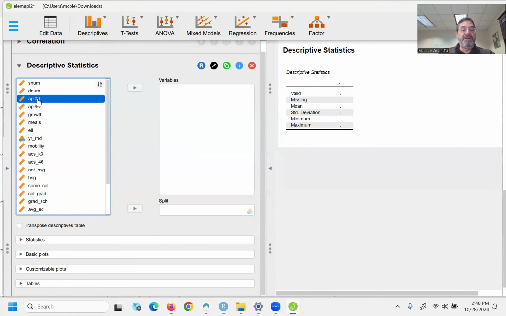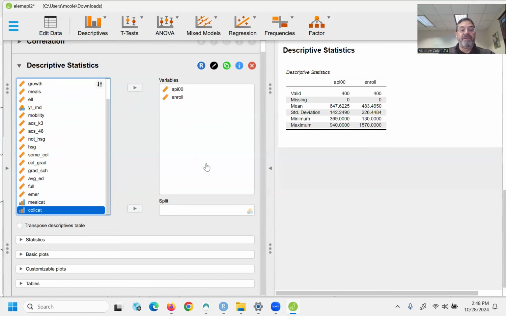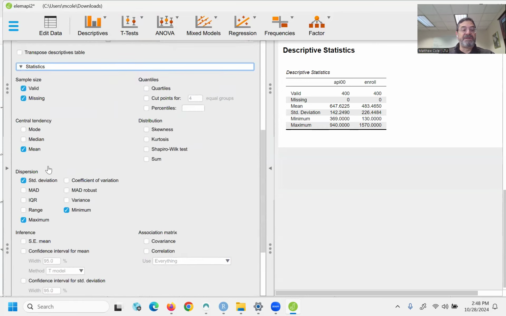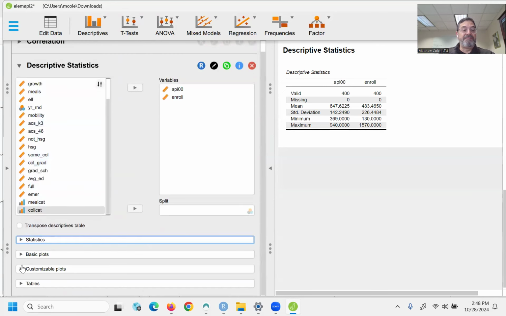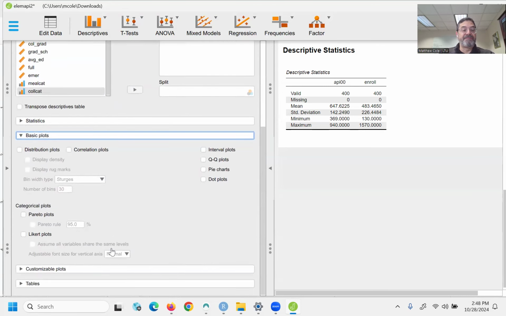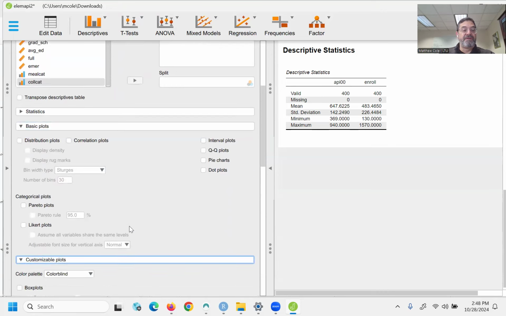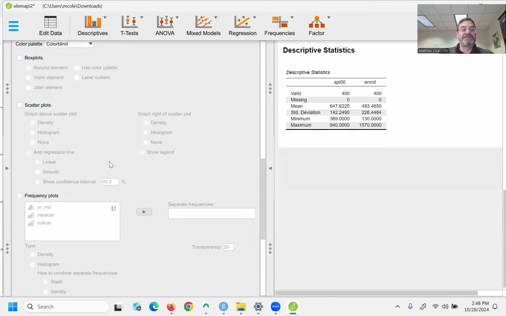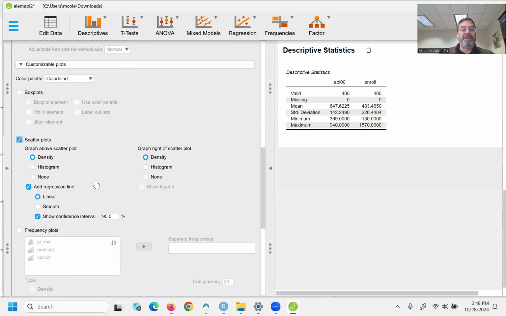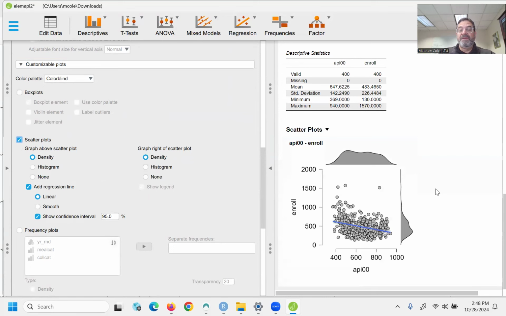We can bring in API and enroll, and then under plots, under customizable plots, we can ask for the scatter plot. And this is basically what we saw before. It doesn't show us what the correlation is, but it gives us the best fit linear line.